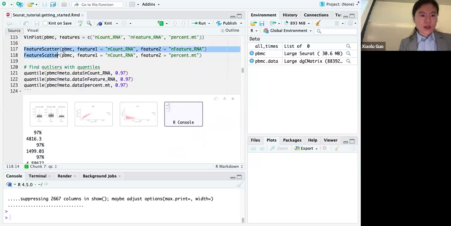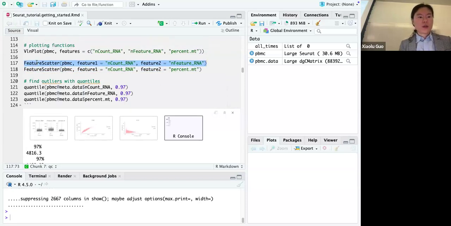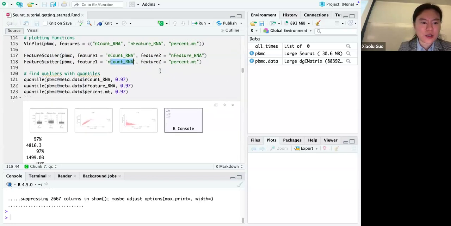And here we can also display the scatter plot to see how two features relate, for example, the count of mRNA versus the feature, like the genes expressed, what's their relationship, as well as the number of counts versus the mitochondrial percentage.